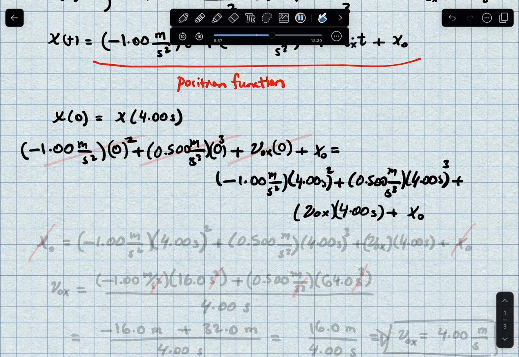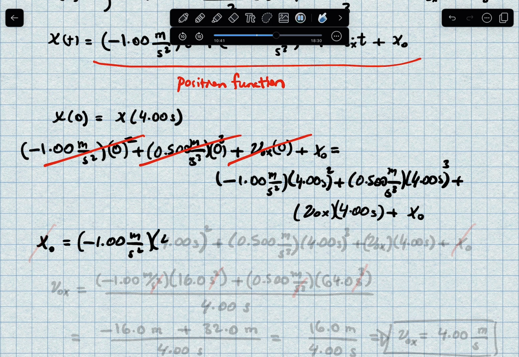So this term is 0, this term is 0, this term is 0. Essentially, on the left side of the equation you only have the initial position. On the other side, you also have a term like that. So let's actually write it in full.